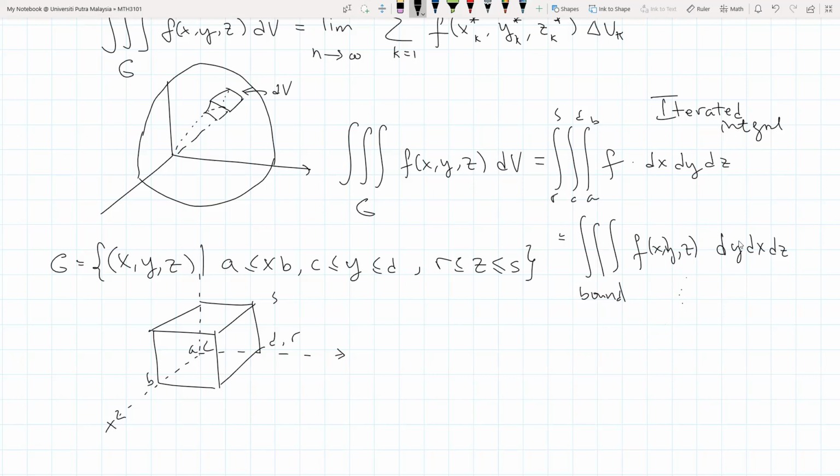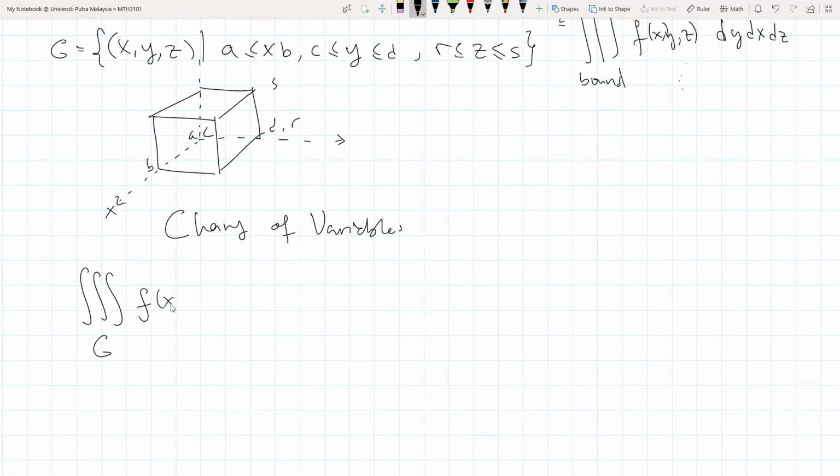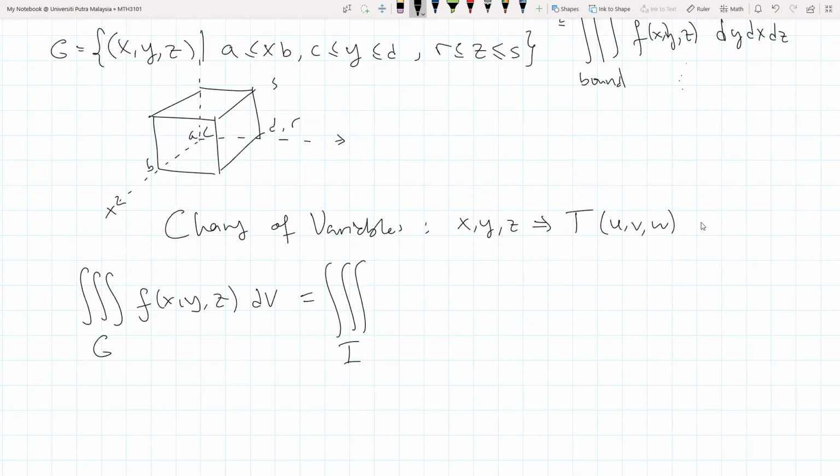And the same thing if you have a change of variable: you need to use the Jacobian. So if you have the triple integral over region G of f(x, y, z) dV, and I want to go to region I, let's say I have x, y, and z as a transformation from u, v, and w, so this is du, dv, dw.